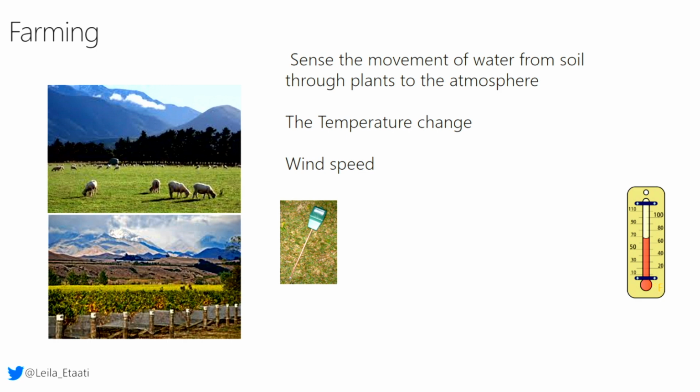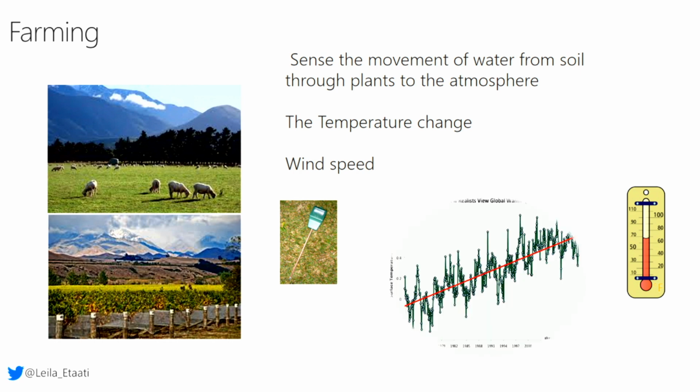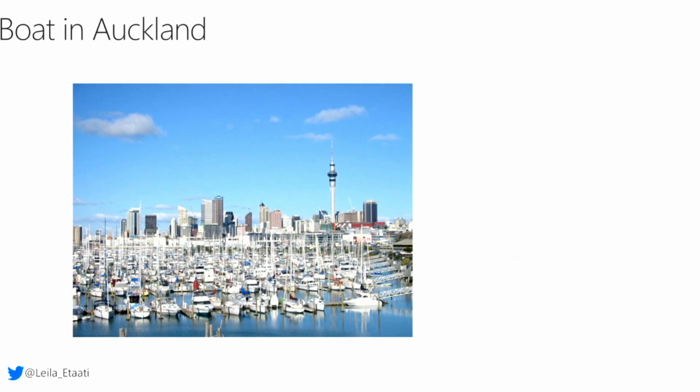For example, they want to check the temperature, how much wind speed we have, and how much rain happened there. Sometimes they are not there, and they have to monitor this information through an application. Or in Auckland, which I think is one of the biggest cities where most people have boats.